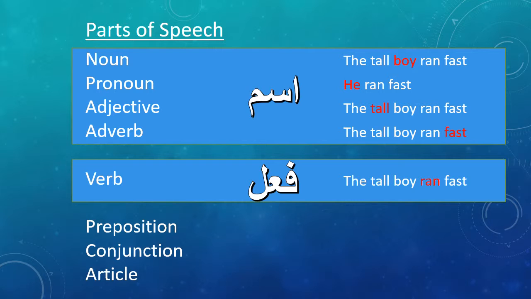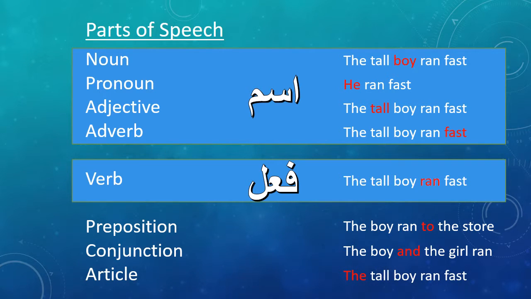At the bottom, you see we have the preposition, which usually are words like to, from, in, on. We have the conjunction, which combines two phrases or sentences, and we use words like and, or, but, etc. An article places limitations on the noun.